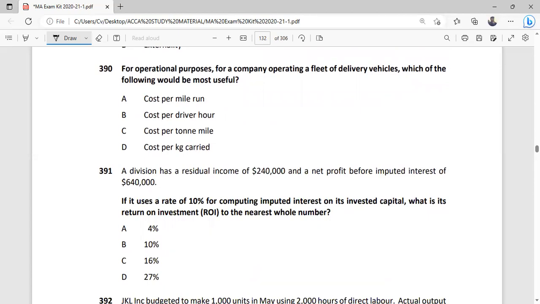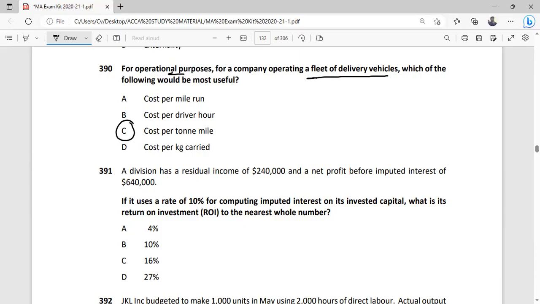Okay. For operational purposes, for a company operating a fleet of delivery vehicles, which of the following would be most useful? Now it is a delivery vehicle. Delivery vehicle is the one which is not only required to deliver the goods, but they will also calculate their cost per ton per mile. Cost per mile is incomplete because it is not considering tons. Cost per driver is not an appropriate measure for the delivery vehicle.